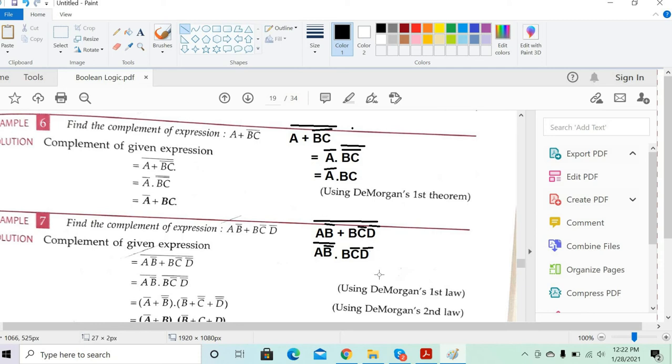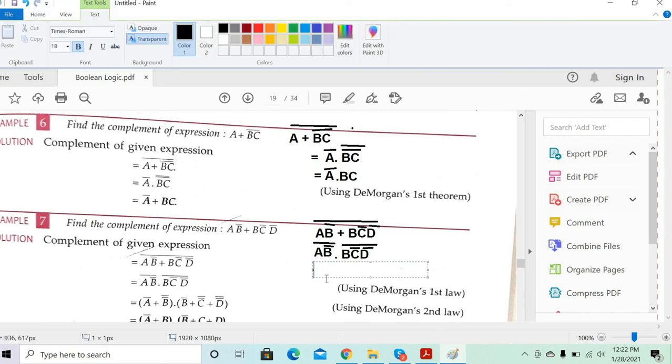C bar, D bar, and then you have another D bar. Now remember this, we need to apply De Morgan's second theorem again.